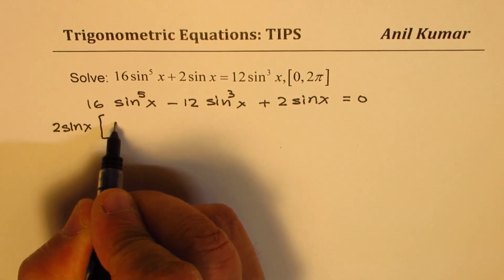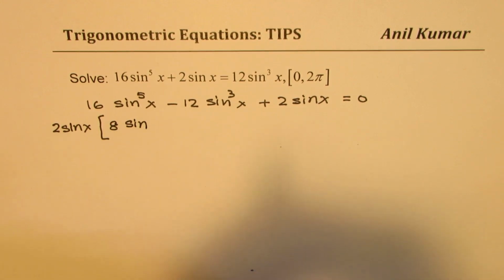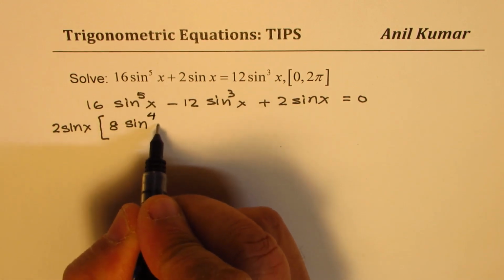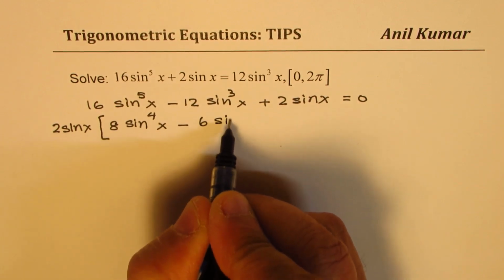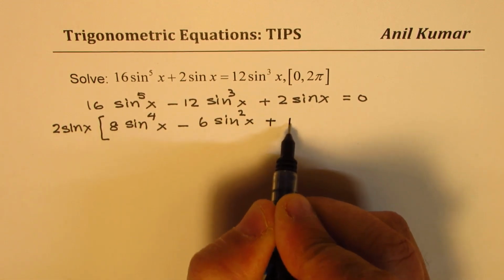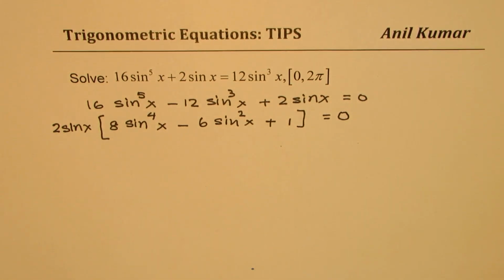And what we get here is 8 sine to the power of 4 x minus 6 sine square x plus 1 equals 0. Now this could be factored.